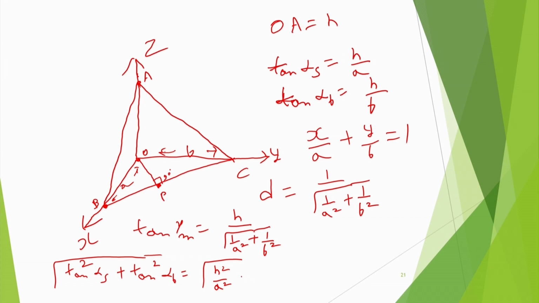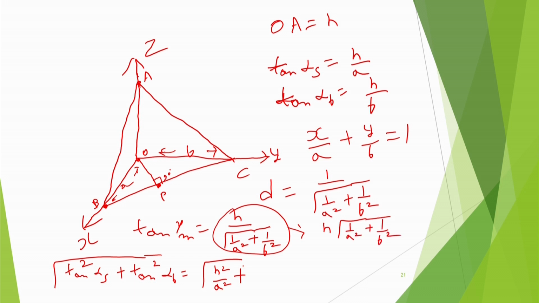And plus I will be getting H by B. Sorry, when you do H by D here, tan gamma M is equal to not really H by this one, rather this will go up, so it becomes H by under root 1 by A square plus 1 by B square.